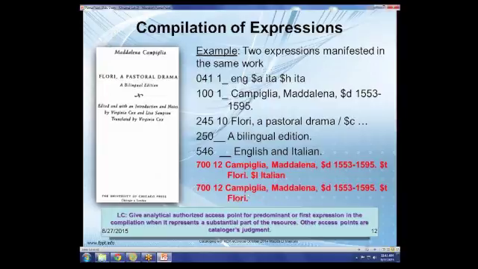And then we have Flori here in this separate field. There is no subfield L because this is the original language in which the work was expressed.